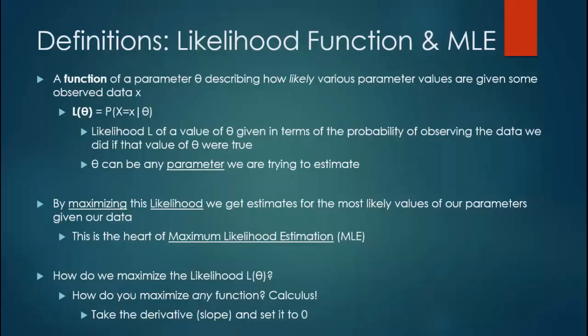We'll have L of 0.55 equals some value. We'll go all the way down to L of 1 equals some value. And remember that we had 55 out of 100 flips were tails. Okay? So the likelihood function's values, let's just say this is A, B, C, D, and E down here.